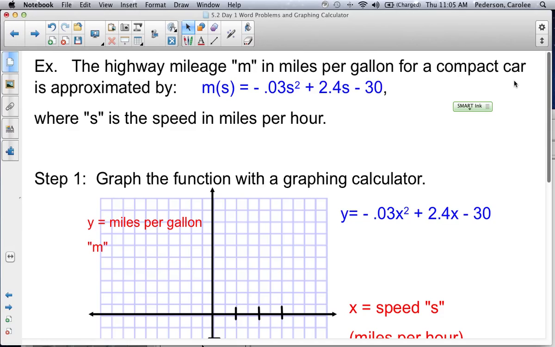What we're going to do is graph this with the graphing calculator. I'm going to show you how to do this. Tomorrow you will practice it, so today you're just going to follow along. And we're going to answer some questions in regards to this graph and this function.